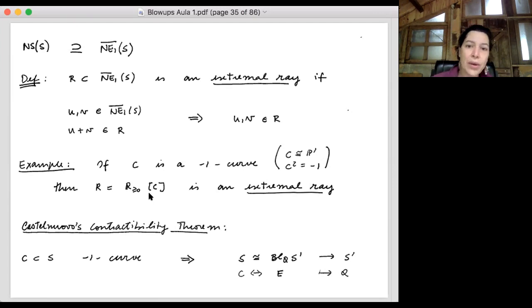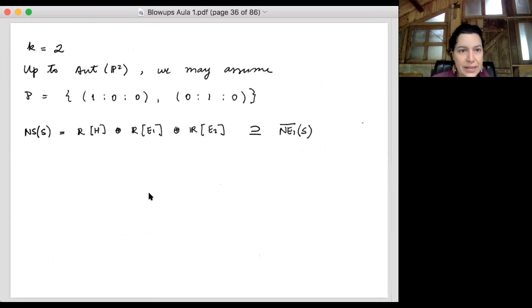And now going back to our example, when we have 2 points with coordinates 1, 0, 0 and 0, 1, 0, of course we have the extremal rays determined by E1 and E2. But now we found some new extremal rays that maybe you did not notice at first.